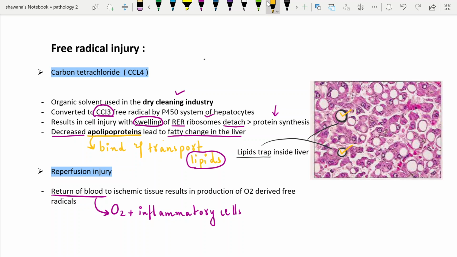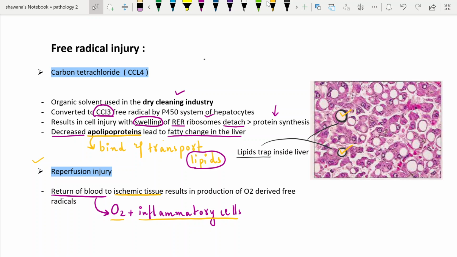The second is the reperfusion injury. Reperfusion injury means that when there is already ischemia to a particular tissue, and there is return of blood to that ischemic tissue. But why is it damaging? Because the returning blood brings oxygen and inflammatory cells along with it.